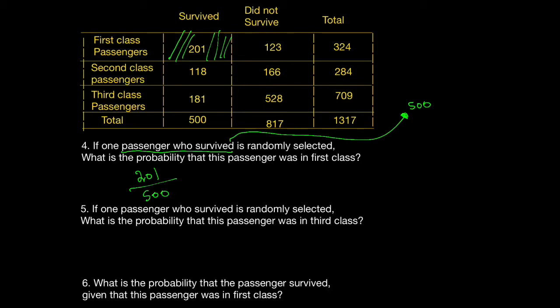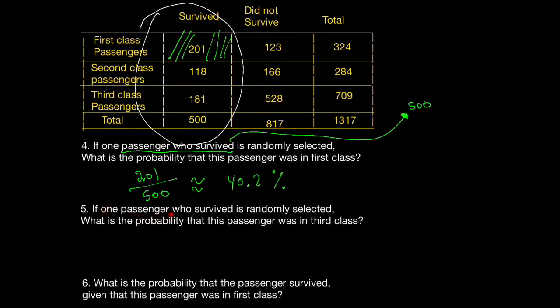You can see that the sample space got reduced to just this part right here. We're dealing with a new subset of the sample space, that being the total amount of people that survived. We don't care about the ones that didn't survive. So we have 201 over 500, and putting this in the calculator, I got an approximation of 40.2%.